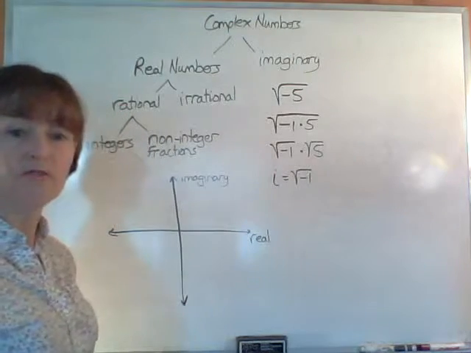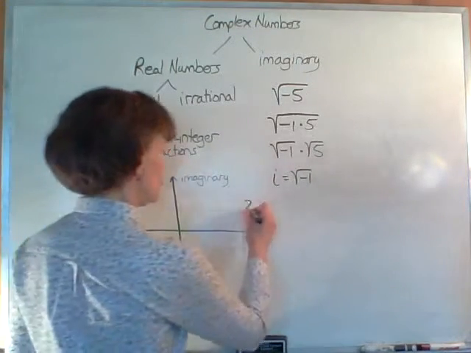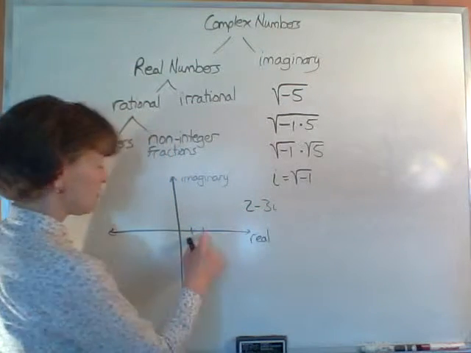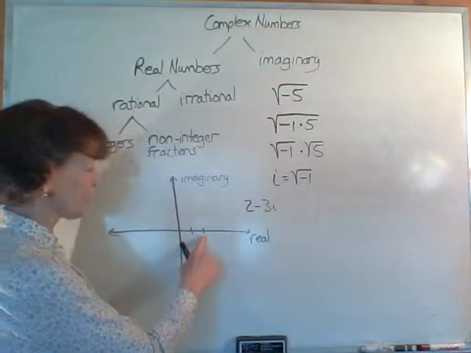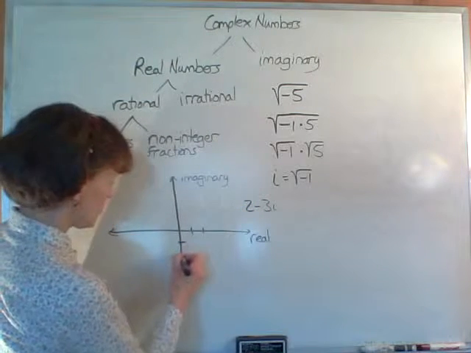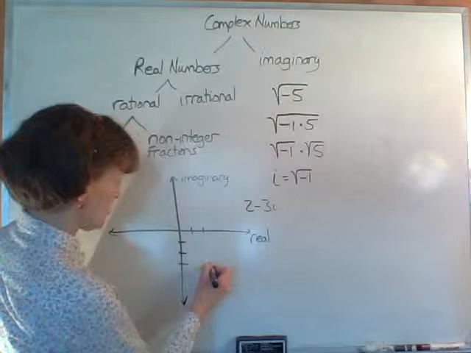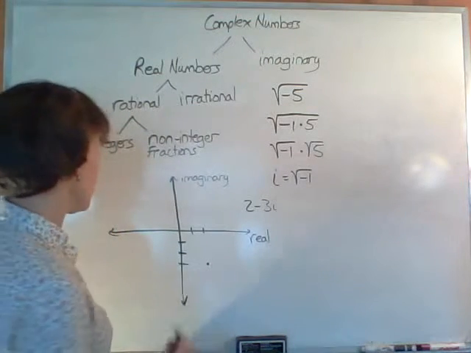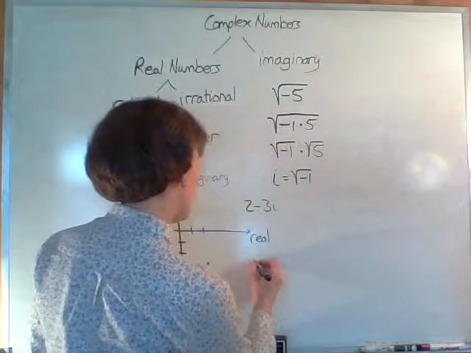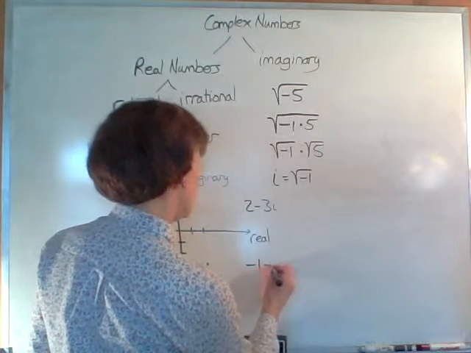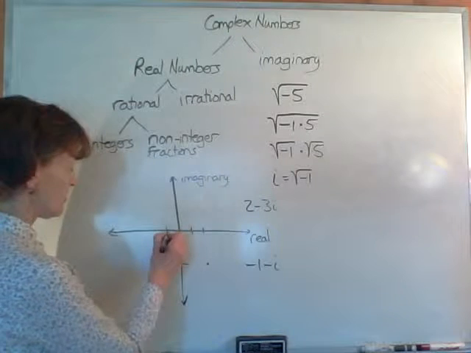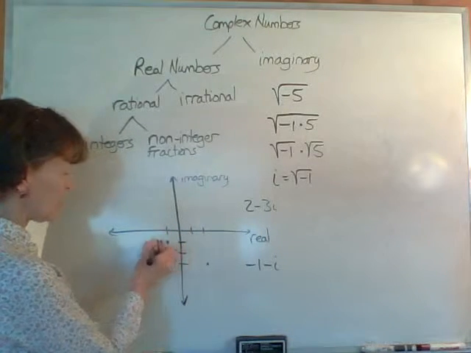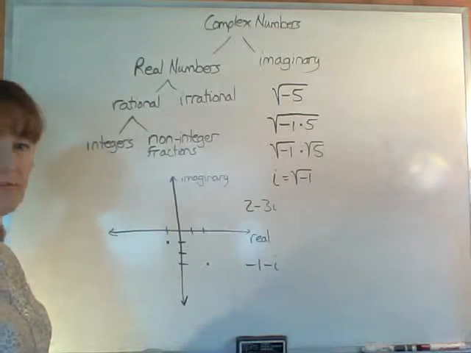So if I want to graph the complex number 2 minus 3i, then I would go 2 places on the real number axis, and then -3 places on the imaginary number axis. Let's do one more. Let's say I want to graph the number -1 minus i. Well, that's -1 on the real number line and -i on the imaginary axis.